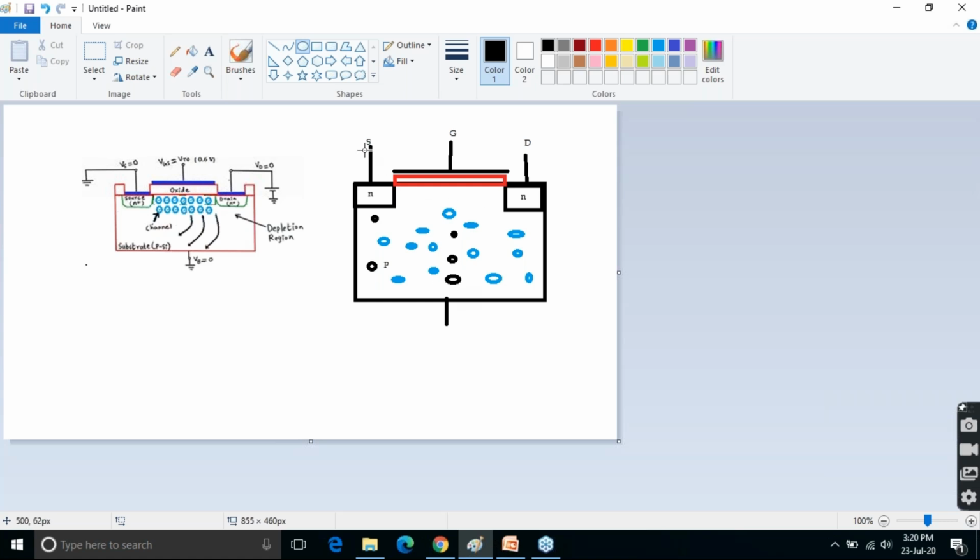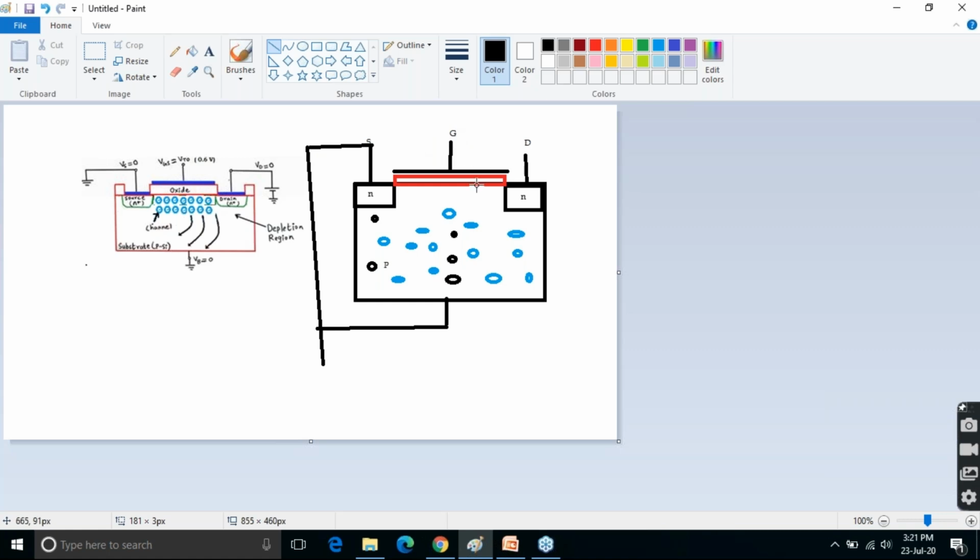Now at the start I told you that this source is grounded and is connected to the substrate to avoid the body effect. So I am connecting this and considering it grounded. Now when I apply a certain gate voltage VGS, the gate to source voltage, what will happen?